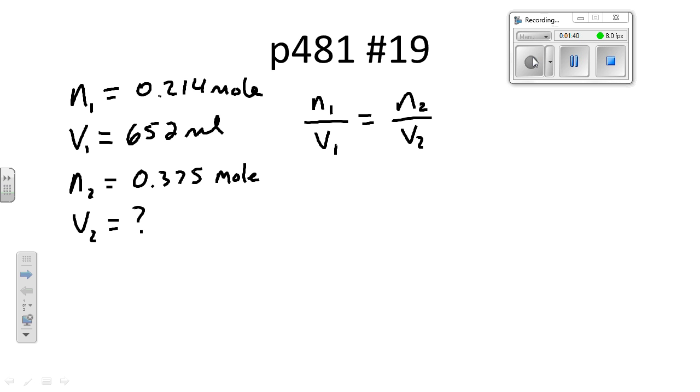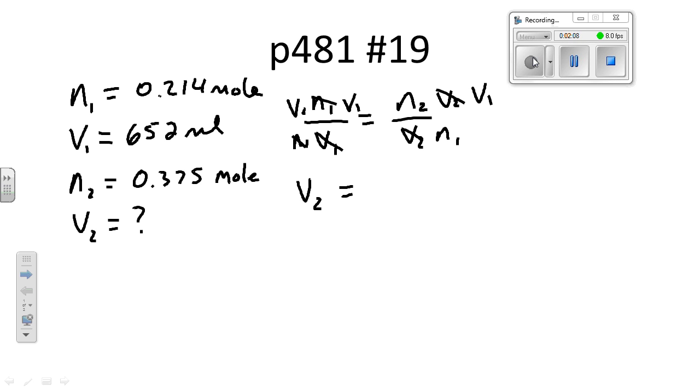Let's solve this for V2. We'll do that by multiplying both sides by V2, and then dividing both sides by N1. That gets rid of the N1s, gets rid of the V2s, and multiplying both sides by V1.